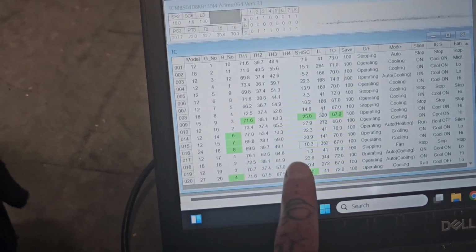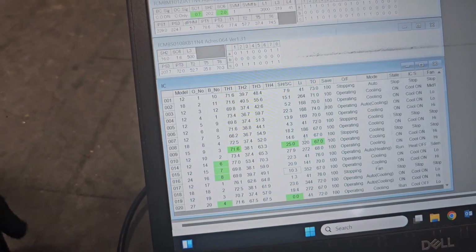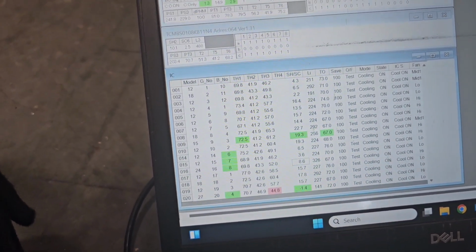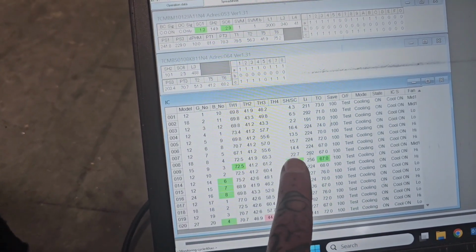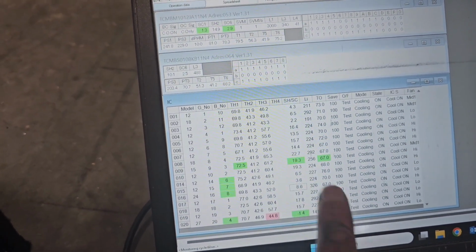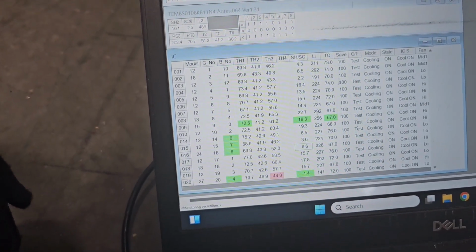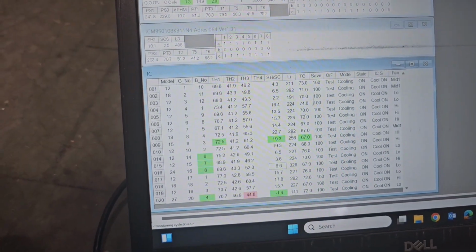So if we go forward, these ones are still pretty low as well, when the other ones were pretty high. Okay, these ones could be a problem too. I'm still digging into this, but you've got to figure out what doesn't belong, what's not like the others.